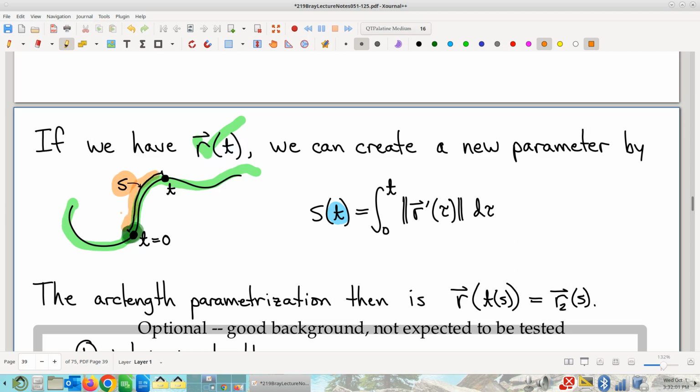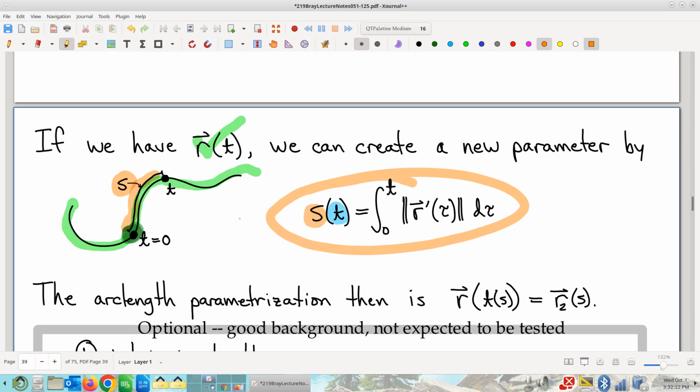How far along that curve have I traveled by that time T? It's literally the arc length formula from the previous page. So we have then an explicit formula that tells me S as a function of T.